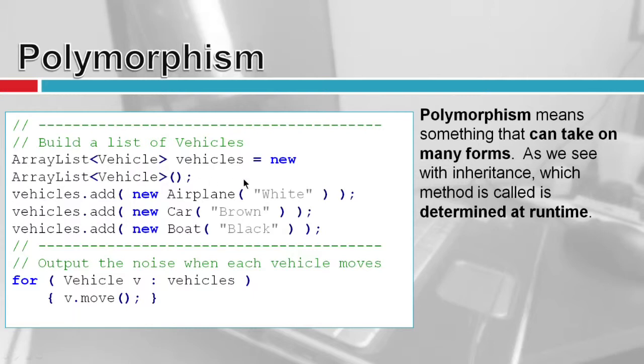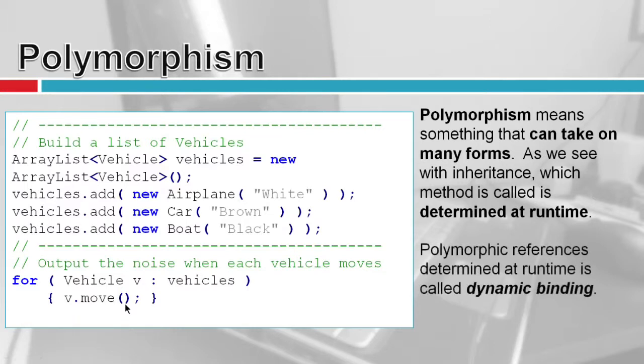So here is my collection of vehicles, and I can loop through them, and I've made a contract called move. At this point in code, the code doesn't know whether it's an airplane or car or a boat. The only thing the code knows is that there is a vehicle, and it has a contract called move.